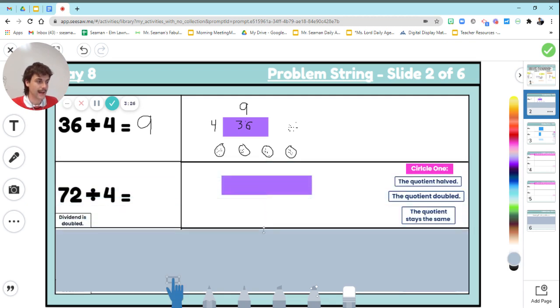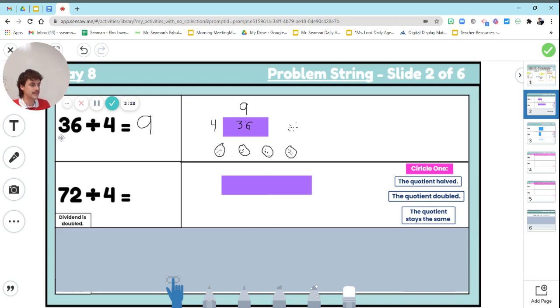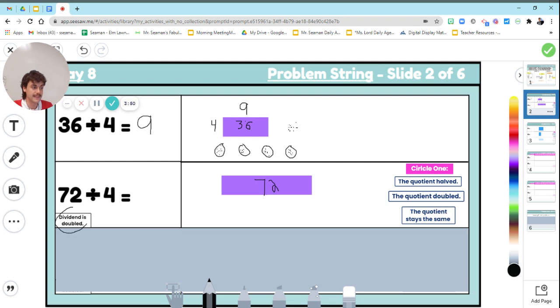Now what I notice is the dividend is doubled, just the dividend. As you can see, I've made my drawing a little bit longer because 4 is remaining the same. That distance is not changing, but my total area, instead of being 36, is now 72, which is the dividend doubled.